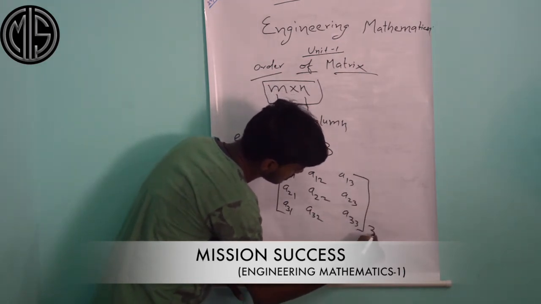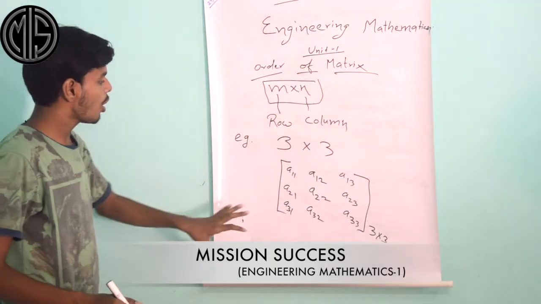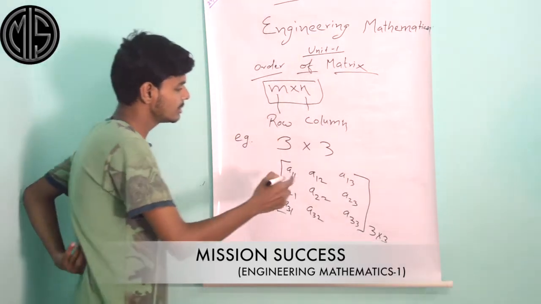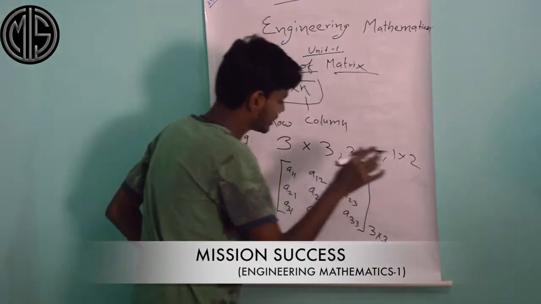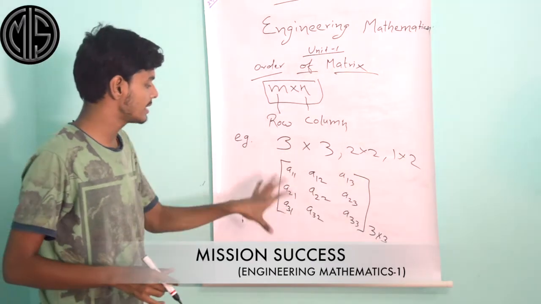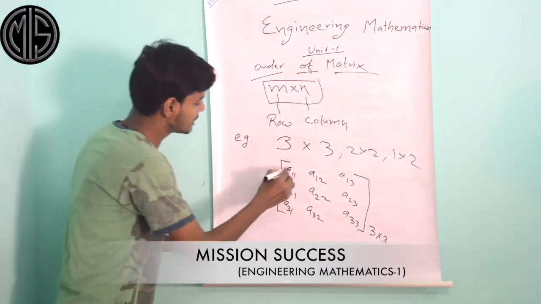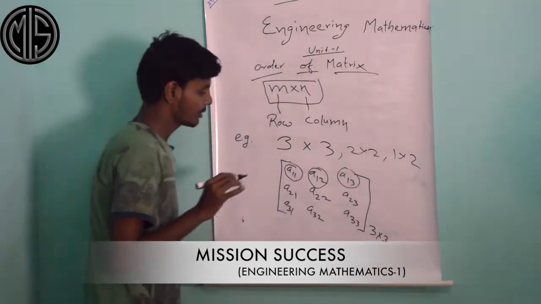This is a 3 Cartesian 3 matrix. This is called the order of matrix. Similarly, 2 Cartesian 2, 1 Cartesian 2, like that. Whatever they are giving, we can represent it like that. And this is an element. This is only elements. Okay?